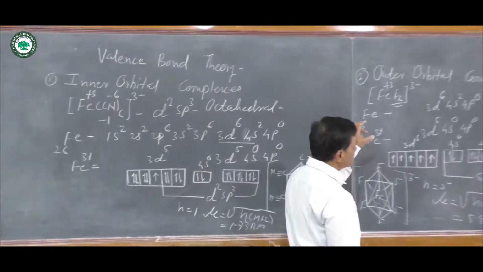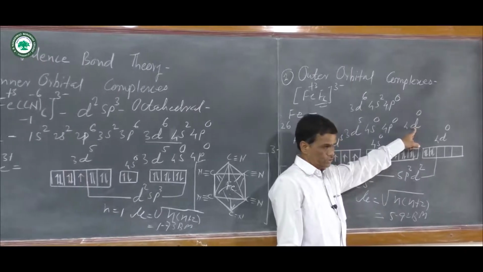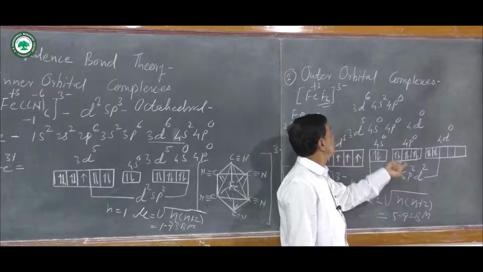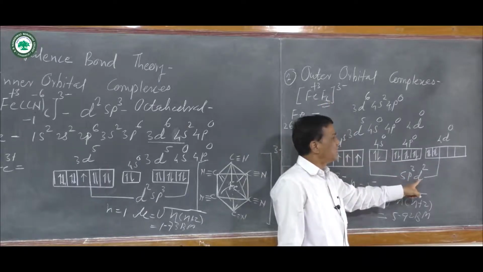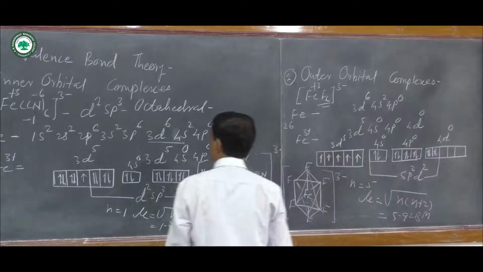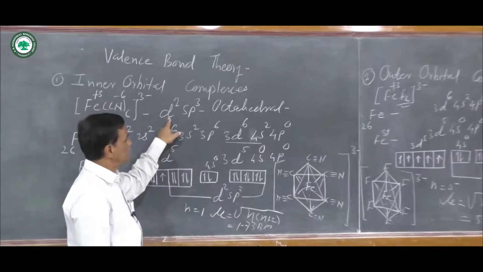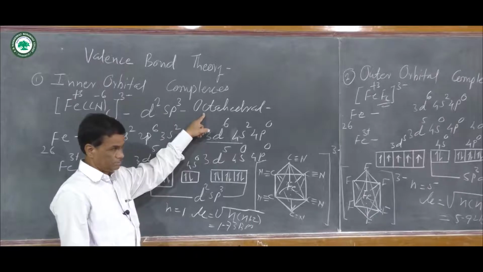In FeF6, the outermost 4d orbital is used for the bonding, and hybridization is sp3d2. Means in [FeF6]3-, hybridization is sp3d2, and when an inner orbital complex is formed, the hybridization is d2sp3. Both complexes are octahedral.